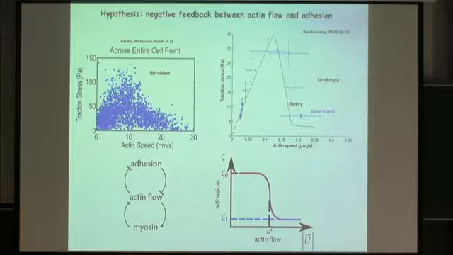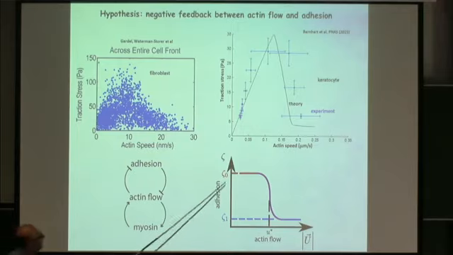As I said, there's actually much modeling and experiment now on the adhesions. People try to understand if this is true or not. So that's what we started to assume. The assumption now in the model is that adhesion strength is a function of the absolute value of the actin flow, and it's this simplest possible dependence.